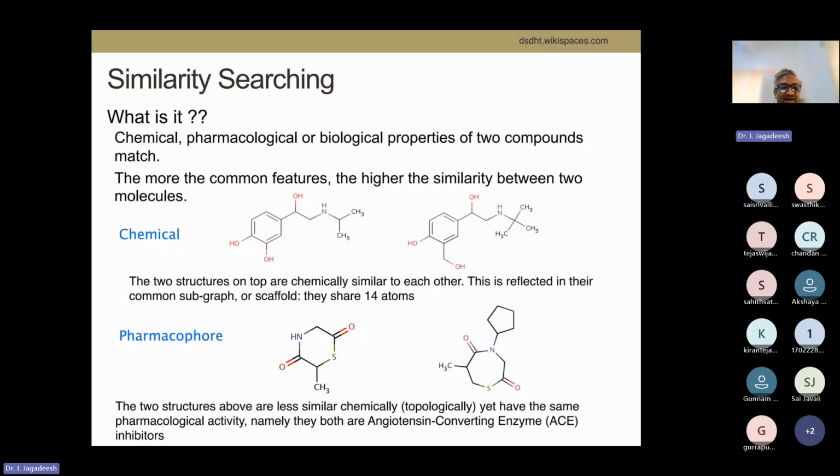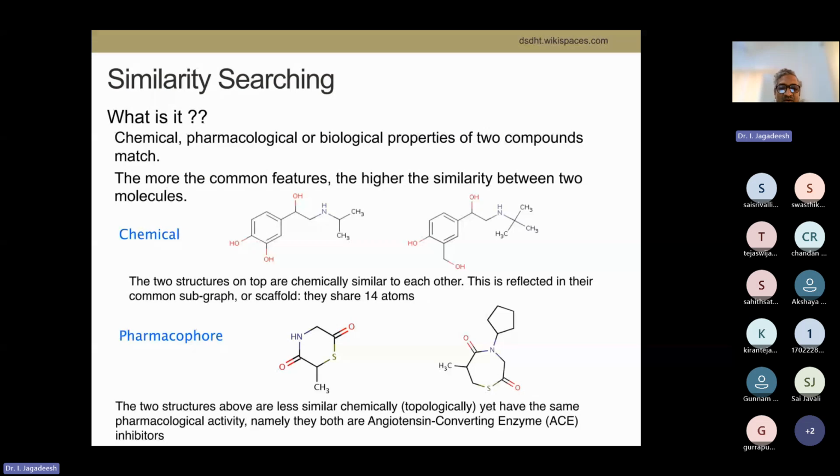Similarly, at the bottom you are seeing two structures. They are similar in pharmacophore because they both have a sulfur, an amine, and 2 oxygen groups. Here on the left, you have a 6-member ring, and on the right, a 7-member ring. Even though they have that, there is also a cyclopentyl group replacing there.